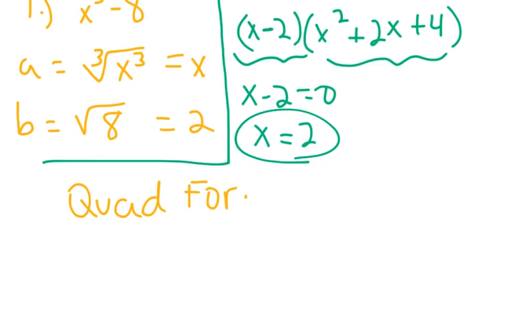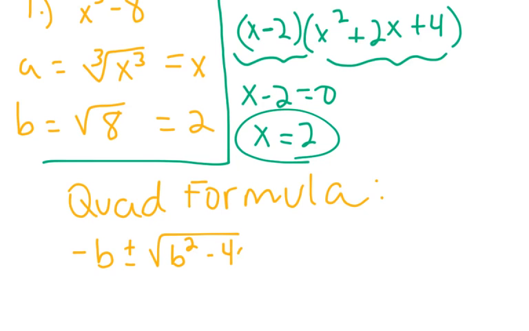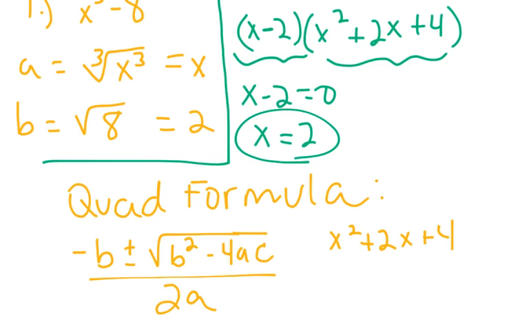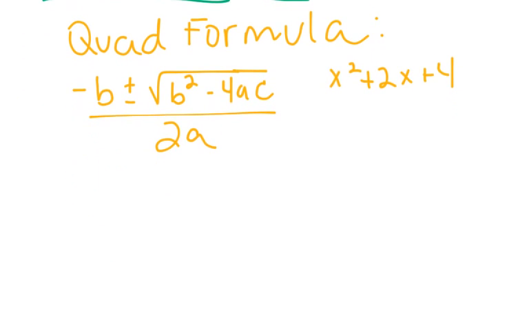Quadratic formula. And hopefully you guys recall, negative b plus or minus the square root of b squared minus 4ac, all over 2a. So I'm going to bring this down: x squared plus 2x plus 4, and we are going to plug this in.